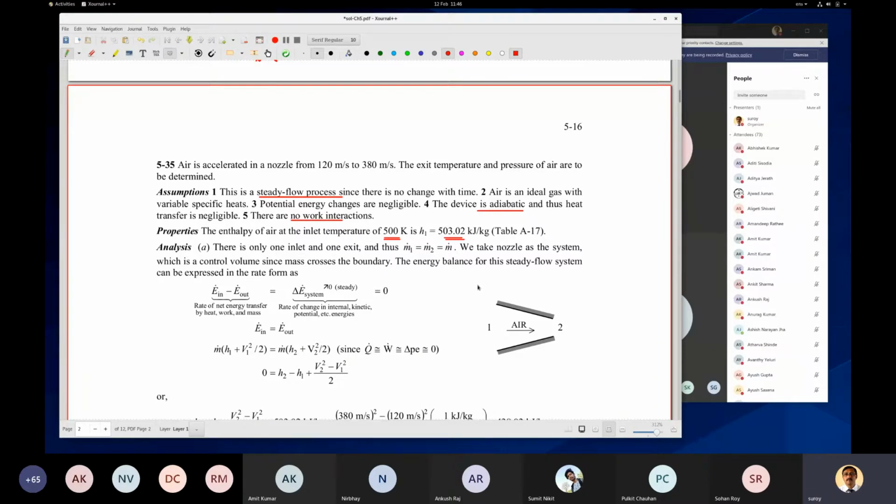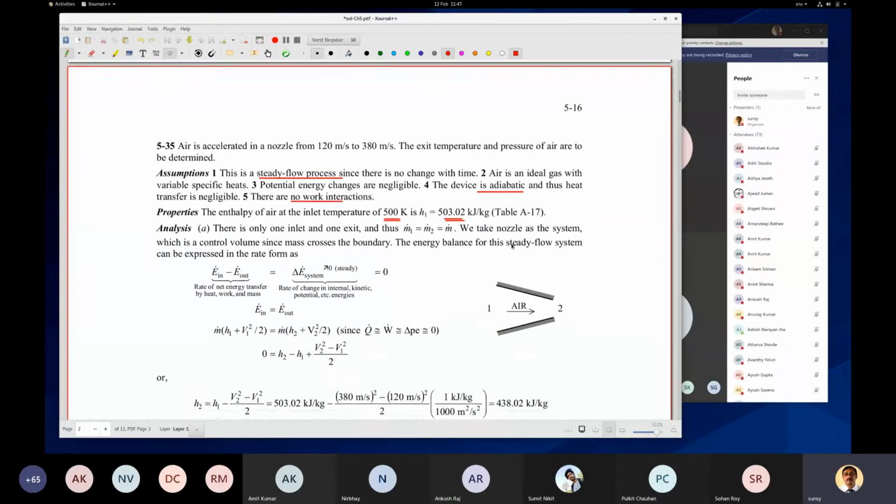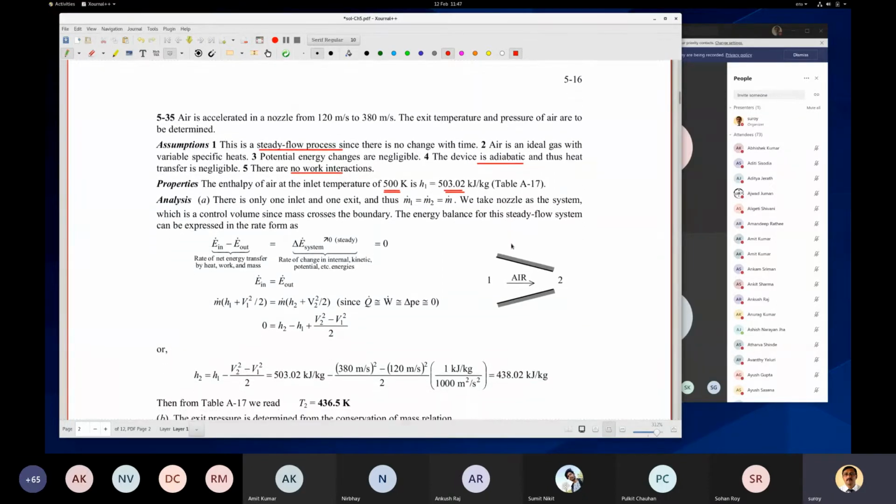So here we are not taking the change in pressure and all that. So it is all atmospheric pressure. We're assuming atmospheric pressure, right? Open to atmosphere. Of course, the pressure is changing, but we are getting the properties from the table at atmospheric pressure.